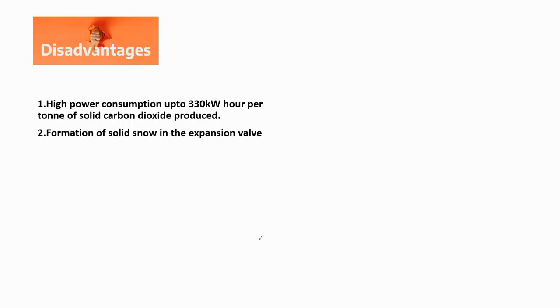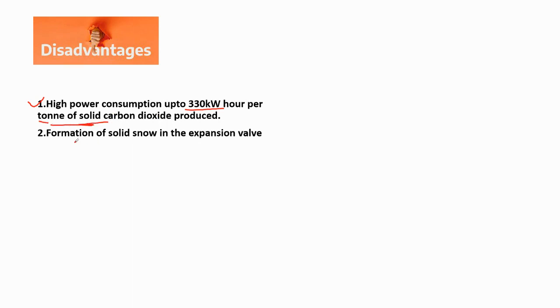But there are a few disadvantages also. The first is that very high power consumption is required in the production of solid CO2. About 330 kilowatts of power is required for 1 ton of solid CO2 production.